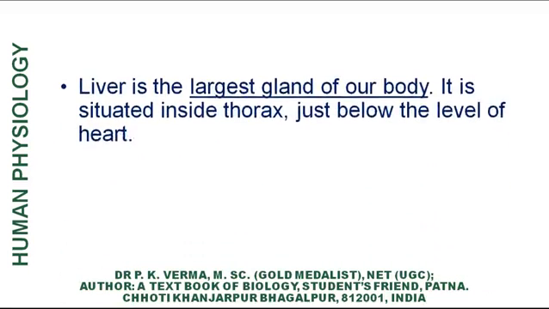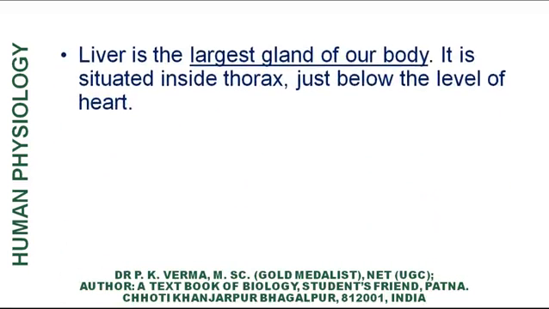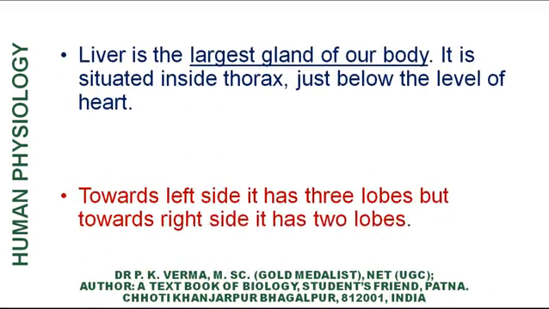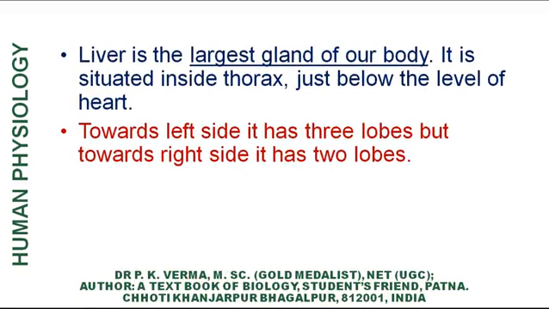The liver is the largest gland of our body. It is situated inside the thorax, just below the level of the heart. Towards the left side it has 3 lobes, but towards the right side it has 2 lobes.